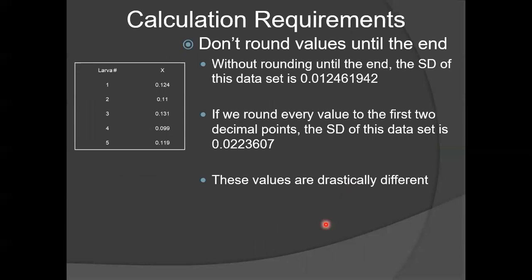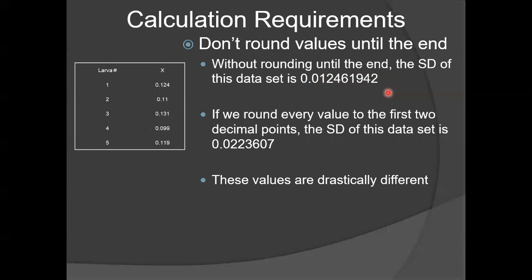As mentioned previously, you do not want to round your values until the end. With this data set, without rounding until the end, the standard deviation is 0.012461942.